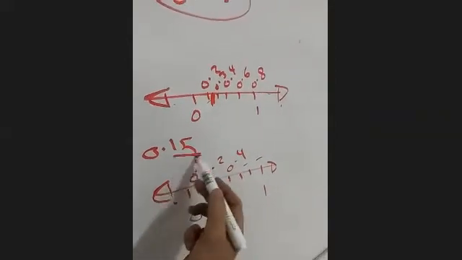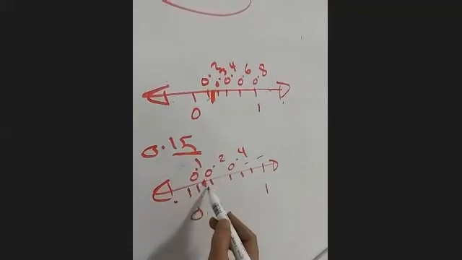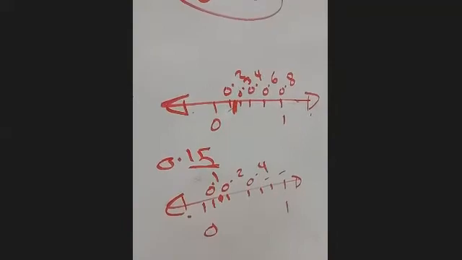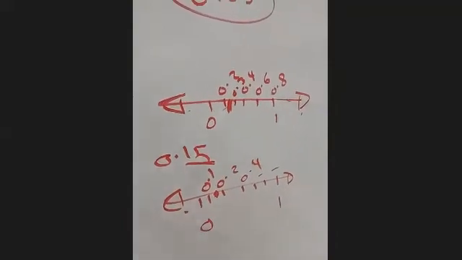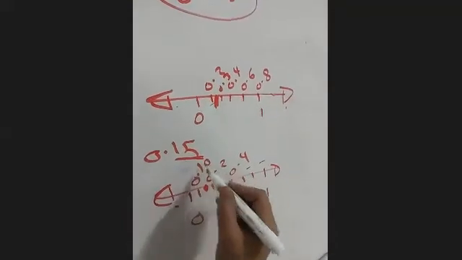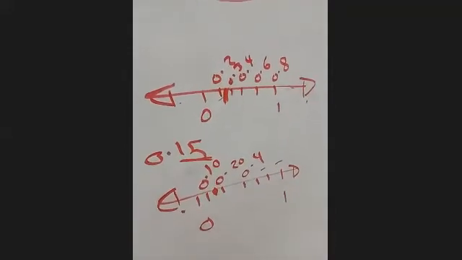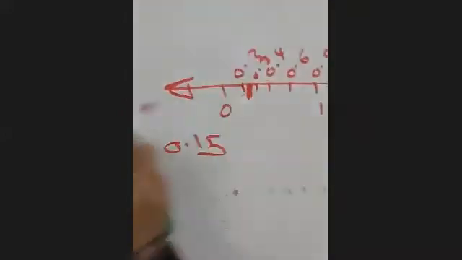So 0.15 is in the middle between 0.1 and 0.2. 0.10 and 0.20, it's the same. 0.15 is between them. Got it? Good.